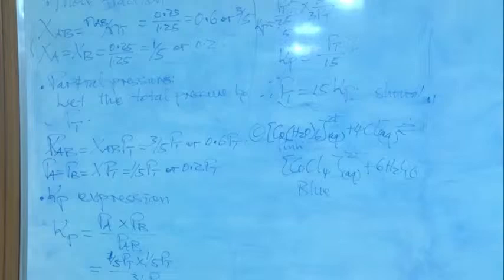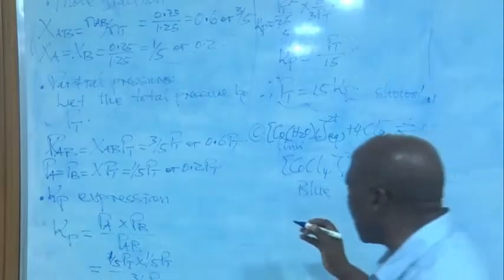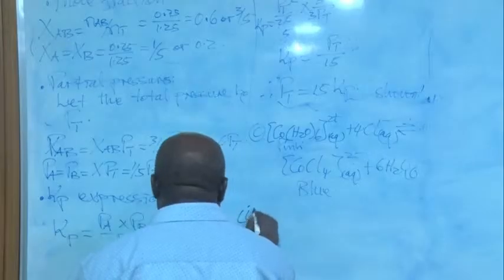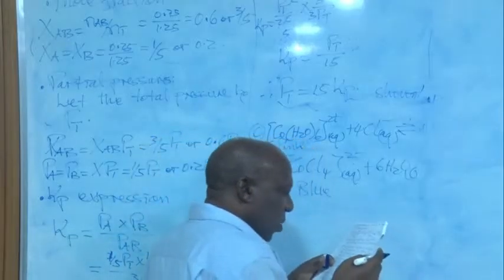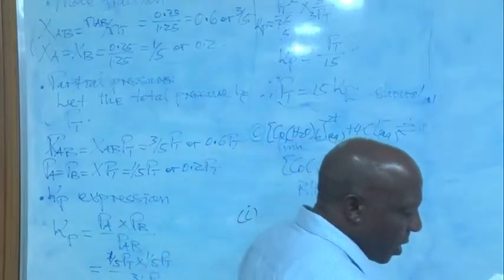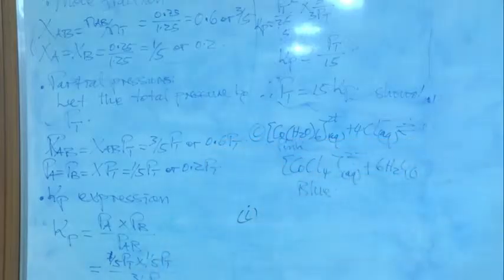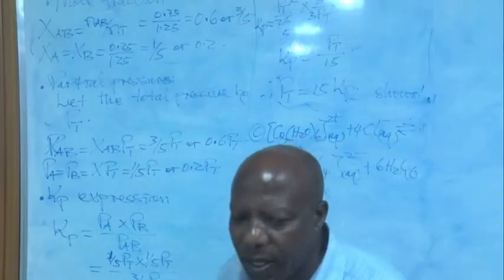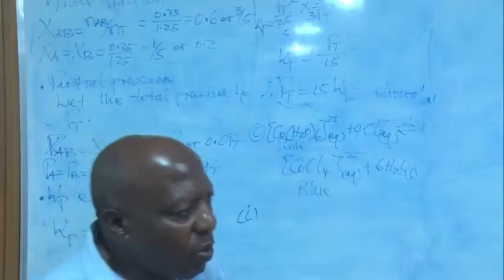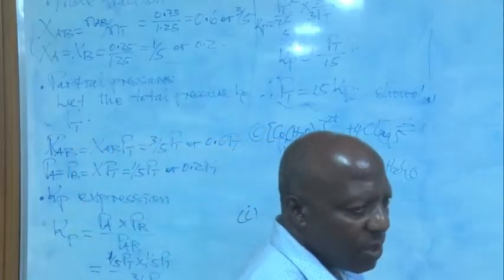Now, question Roman 1. Roman 1 is: does the reaction cease when the solution becomes blue? Remember I said this equilibrium system was formed by first dissolving cobalt-2 chloride crystals in water.